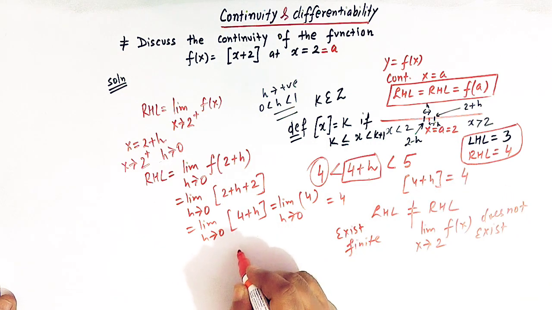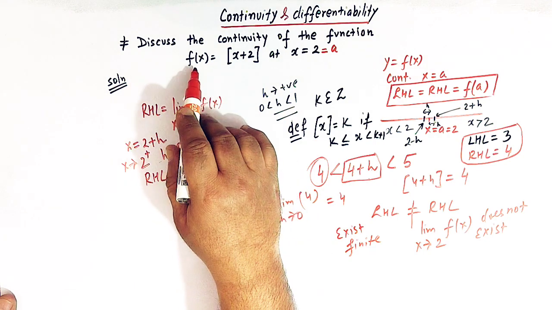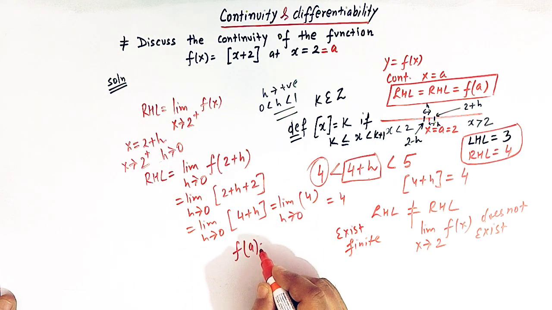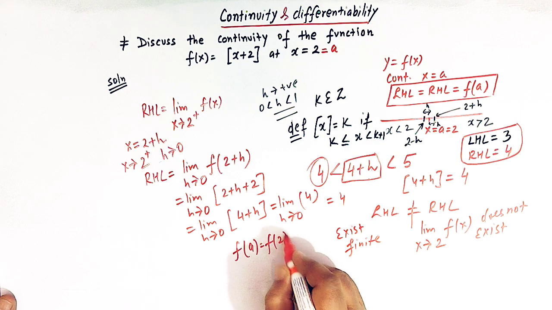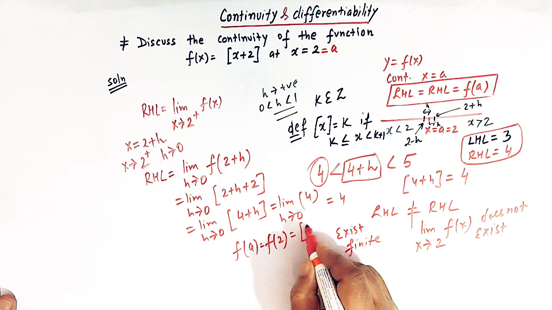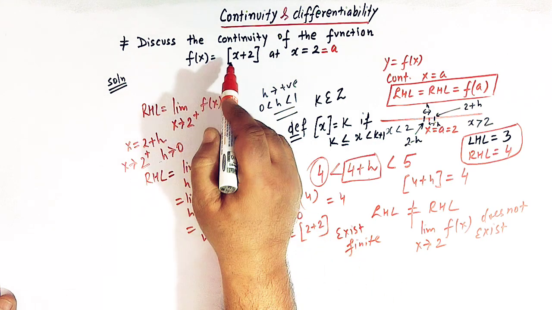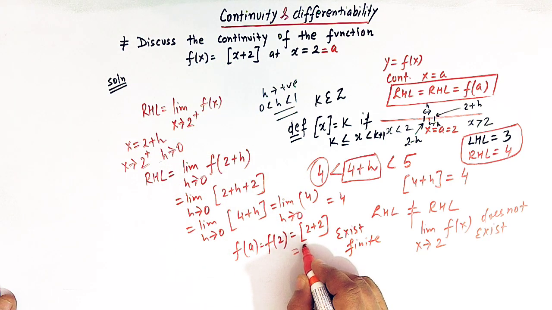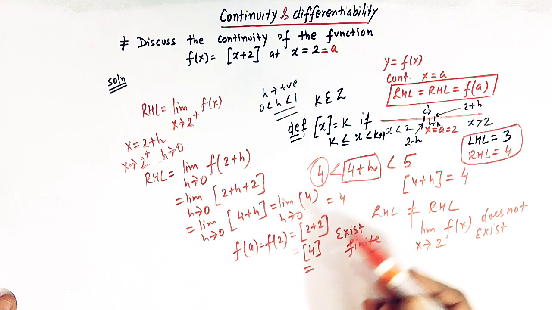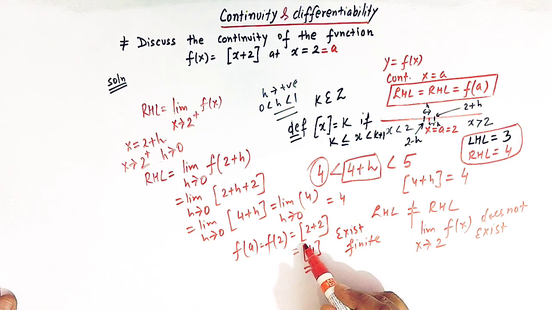And moreover, if we wish to calculate f of a, then f of a is f of 2, that is the greatest integer of 2 plus 2. Here we take x equal to 2, so we have the greatest integer of 4. And we know that if we have an integer inside the greatest integer function symbol, then the value is the integer itself, right?